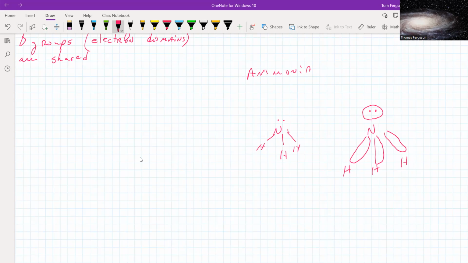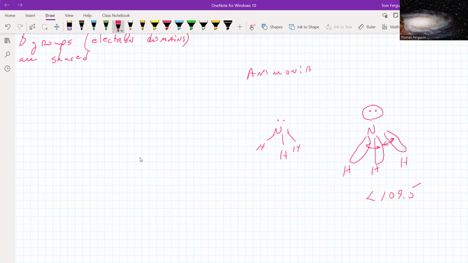Hence, the effect of the electron lone pair is going to start reacting on these. It's going to be repulsing those nitrogen-hydrogen bonds away from the nucleus. So now that angle is less than 109.5.